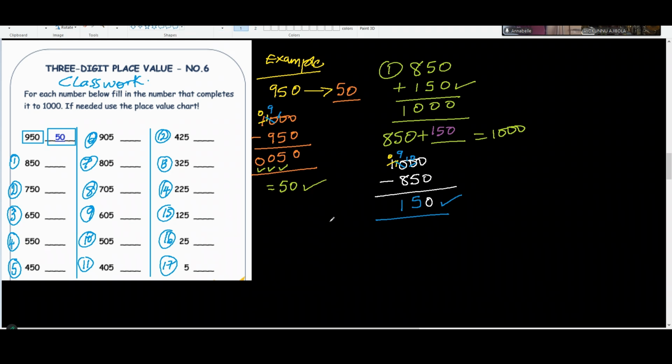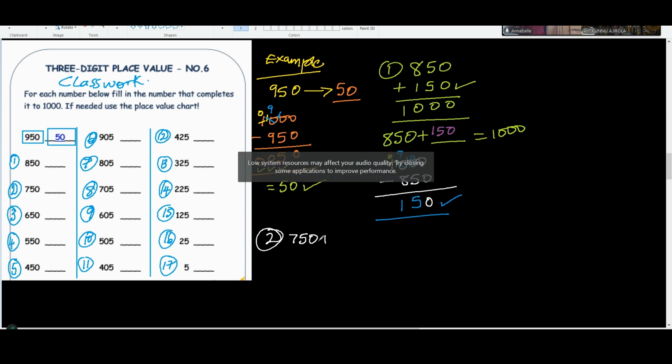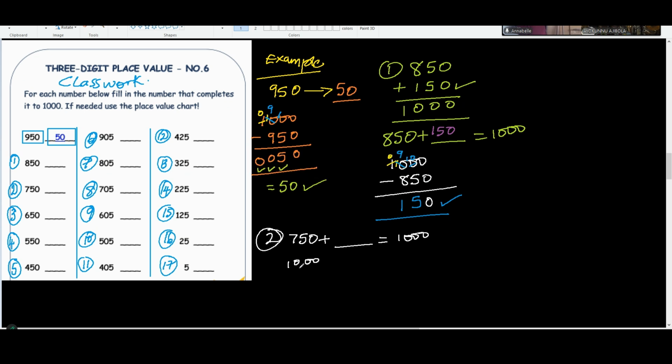So for number 2, we have 750, plus something to give us 1,000. So all I need to do is to say 1,000 minus 750. These are zeros, so I can't subtract them. I have to borrow, this becomes 0, and this becomes 10 here.